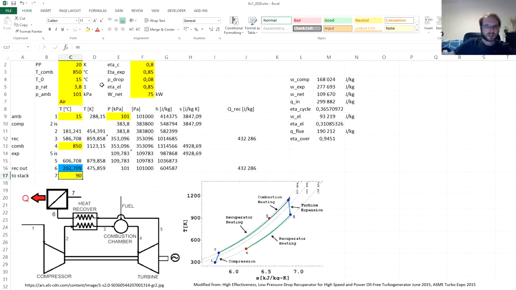That might be a reasonable estimate for relatively large heat exchangers, and let's say just heating water to maybe 70 degrees C. So if we have 90 degrees C here, for simplicity we will assume that there is no pressure drop in this heat exchanger, otherwise we would need to recalculate the whole model.